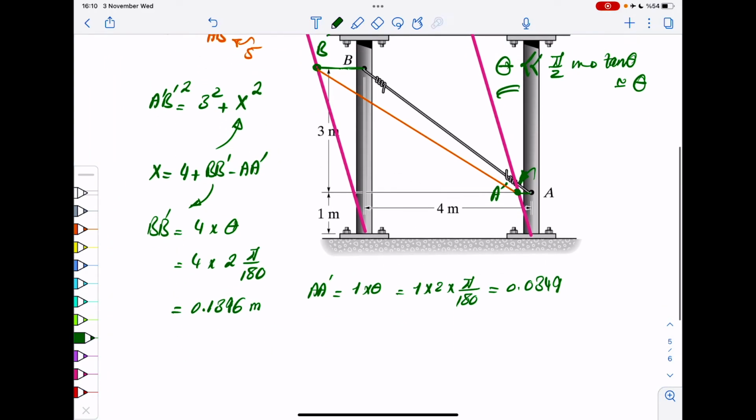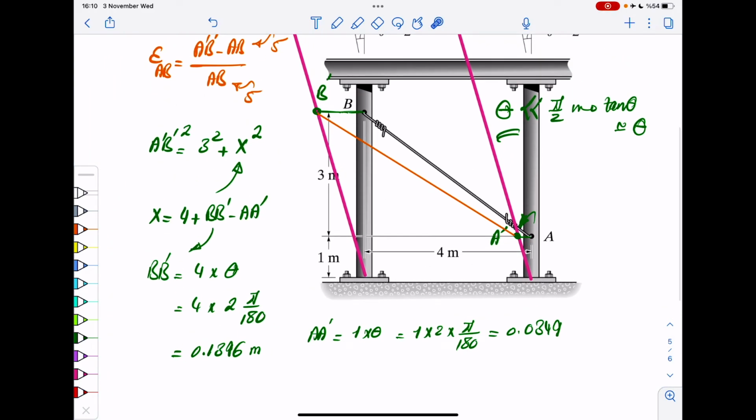Okay, now you have your a prime, you have bb prime. So you can just calculate x from that. X would be 4.1047 meters.